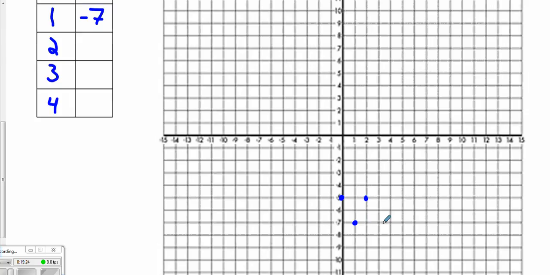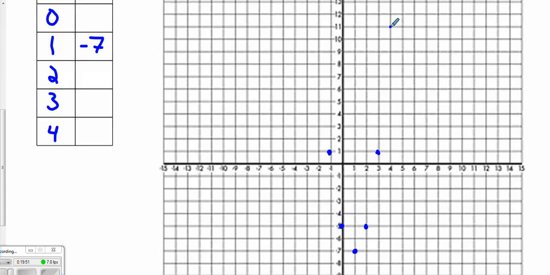Instead of going over 2 up 4, it's actually over 2 up 8. So 4, 5, 6, 7, 8 here and here. Instead of over 3 up 9, it's over 3 up 18.